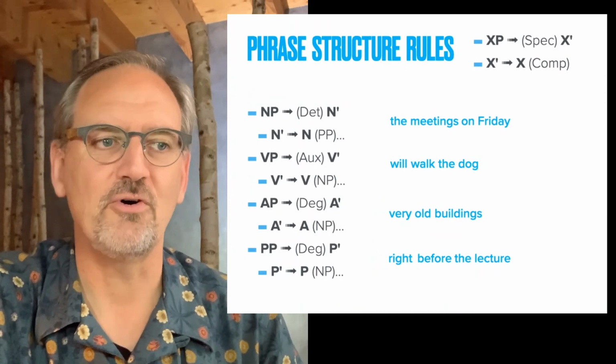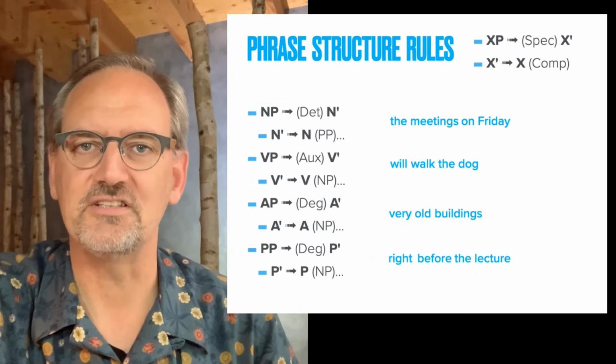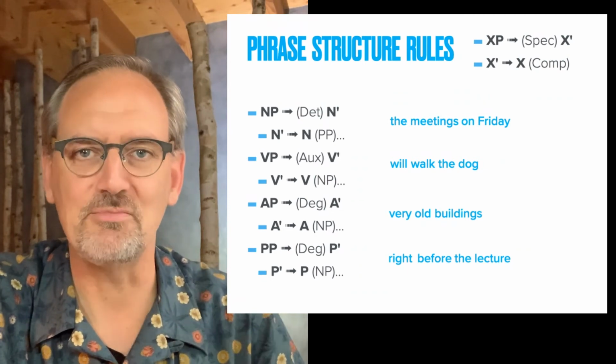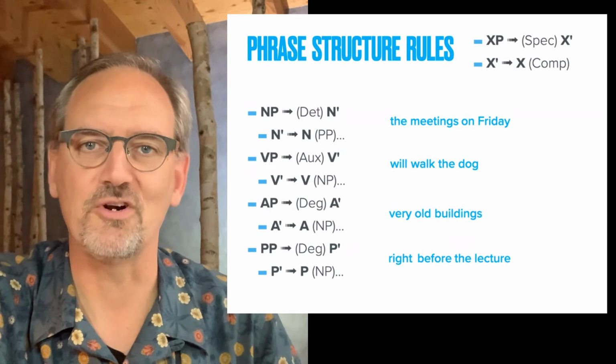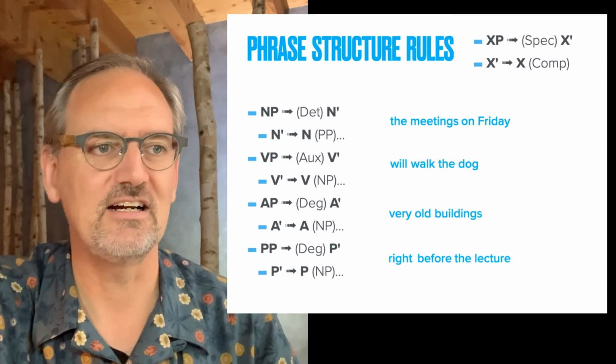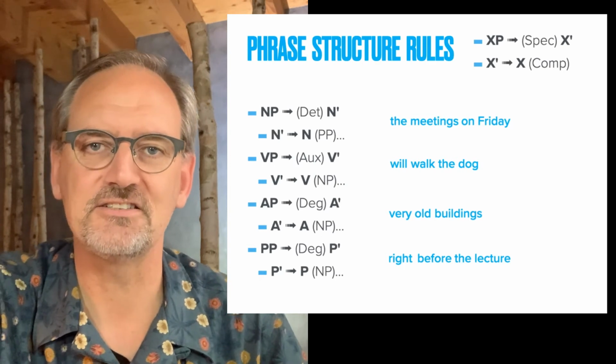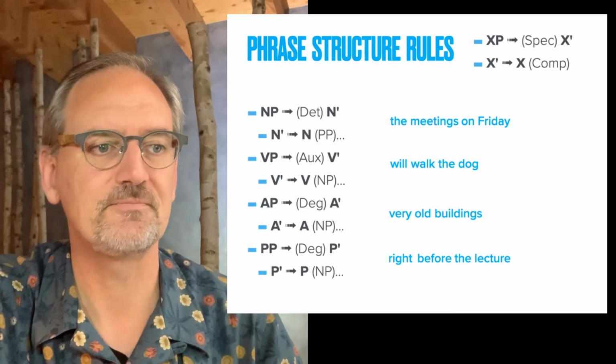So right before the lecture means not a long time before the lecture, but immediately before, which could be a degree word, just before, right before. Any of these would be possible specifiers in a prepositional phrase.